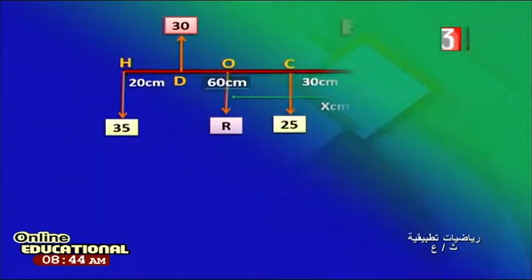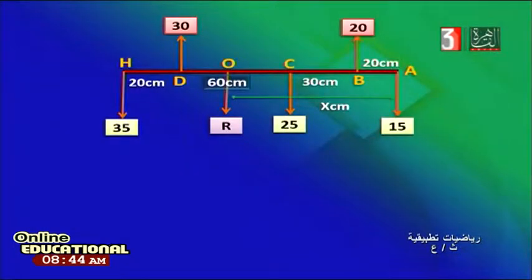Look at the opposite figure. We have 6 points: A, B, C, D, H and O. We have three forces downward: 15 acts at A, 25 acts at C, 35 acts at H. Two forces are opposite: at B, 20, and at D, 30.